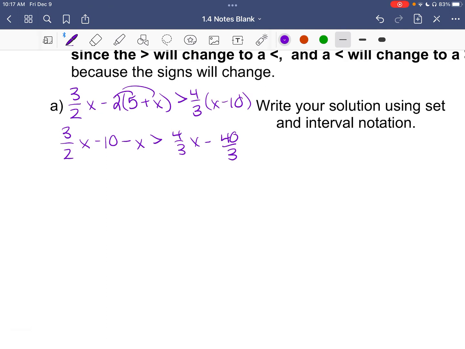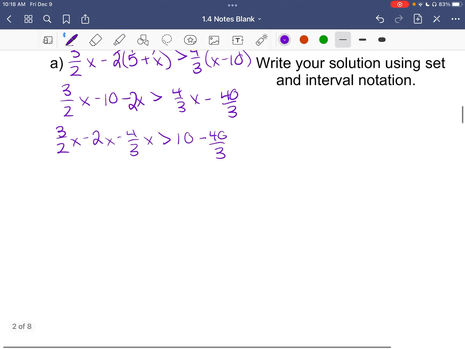All right, so let's get all our x's onto one side. Oh, oops, that should be a 2x. So 3 over 2x minus 2x minus 4/3 x is greater than 10 minus 40 over 3.